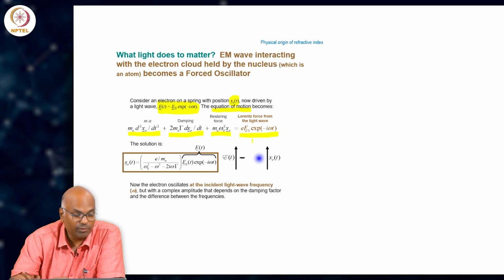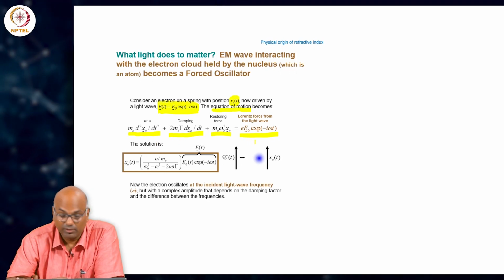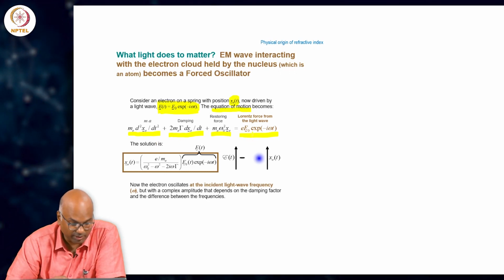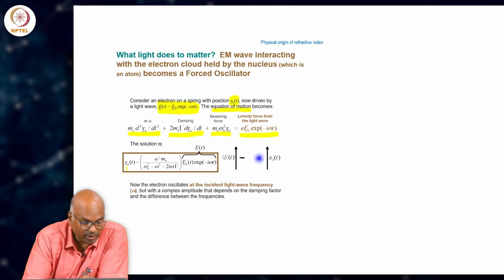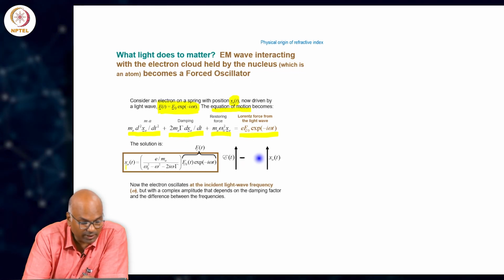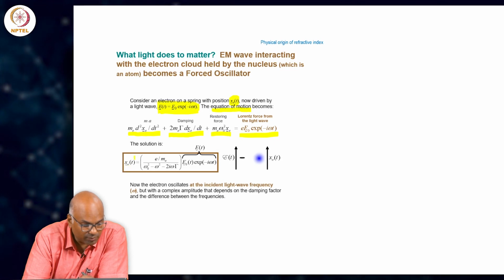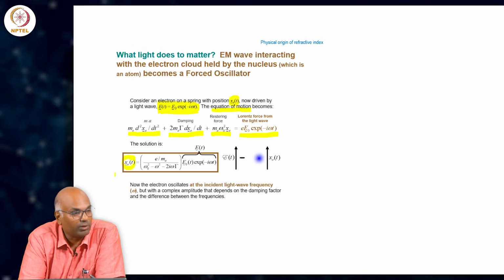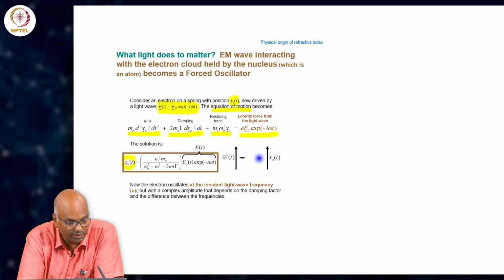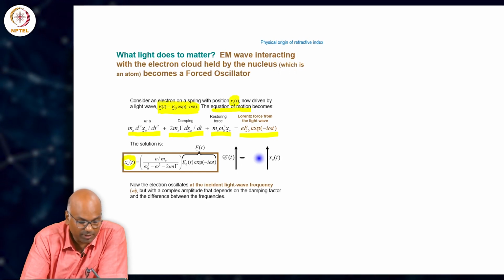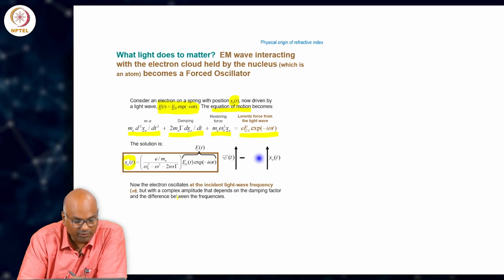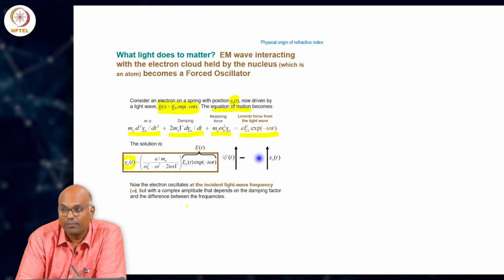So, this differential equation can be solved fairly straightforwardly, it is a matter of undergrad physics, and the electron's displacement x_c of t, for every given value of t that is of interest here, can simply be captured by the following factor, which has two parts to it.